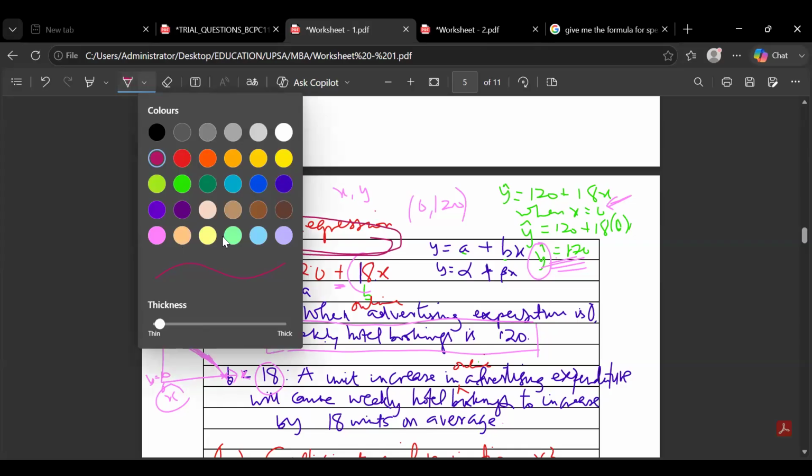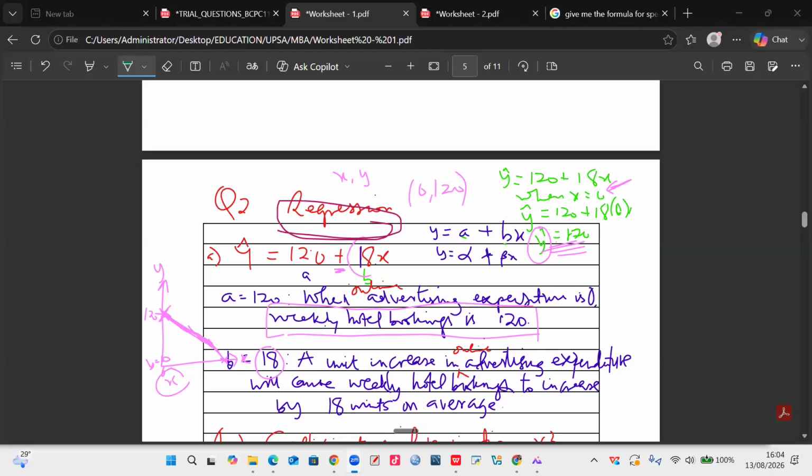Use black. Very good. Yes. It's just like what we just did here.